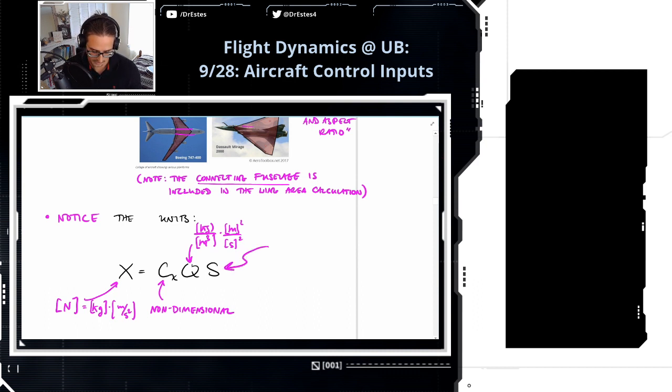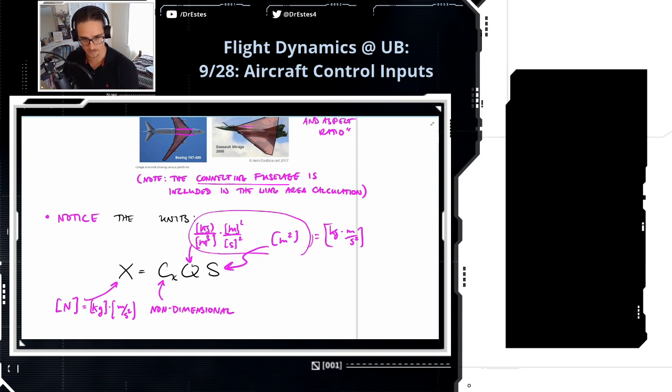And then S is a wing area, so it's meters squared. So if you multiply all of these terms together, you have meters to the fourth on top, meters cubed in the bottom, so you're going to end up with kilograms times meters per second squared. So the units work out.